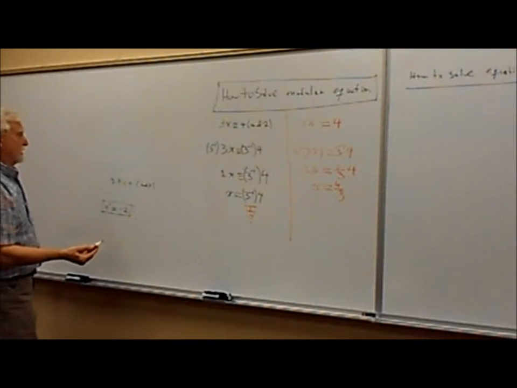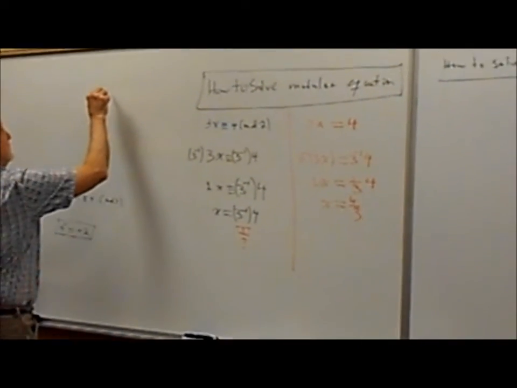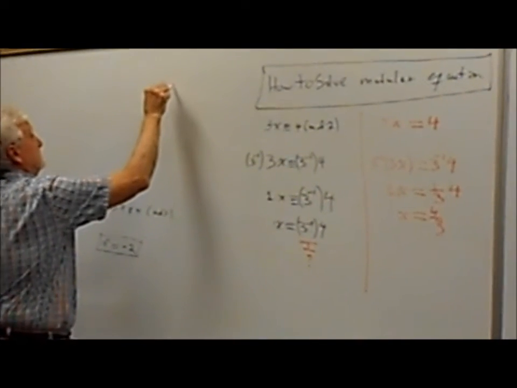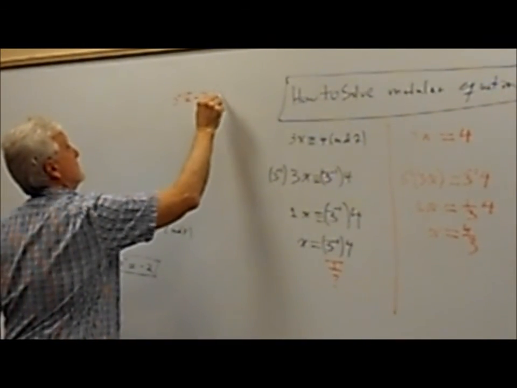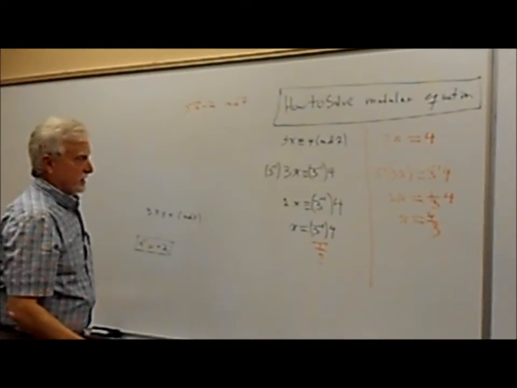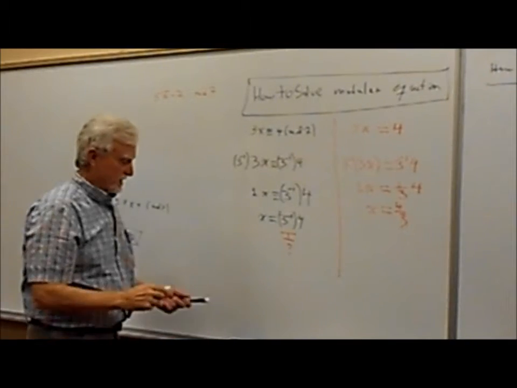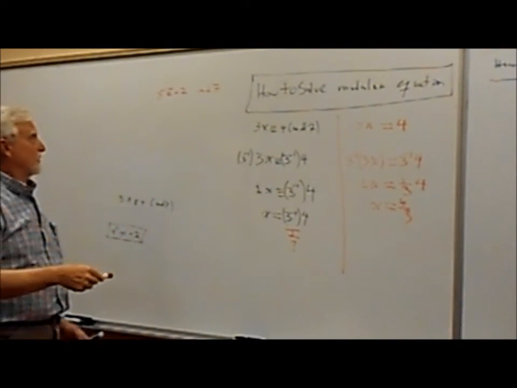And in the previous example, that was calculated to be minus 2 mod 7. So we can plug minus 2 in. By the way, minus 2 is not in the range 0 through 6.